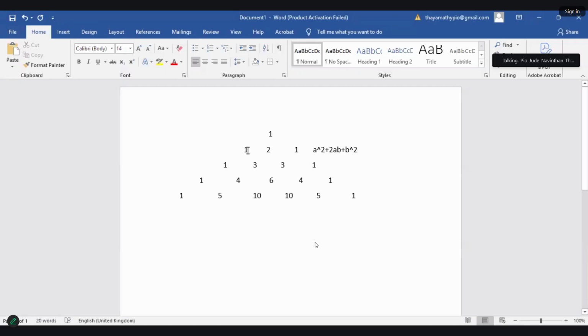All the values start from 1. 1 plus 2 is 3. Again, 2 plus 1 is 3. The next step starts from 1. 1 plus 3 is 4, 3 plus 3 is 6, again 3 plus 1 is 4.